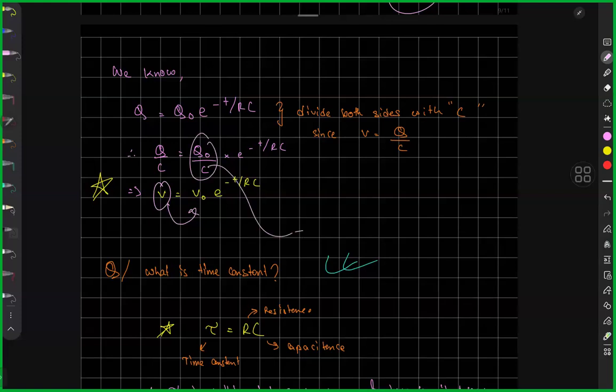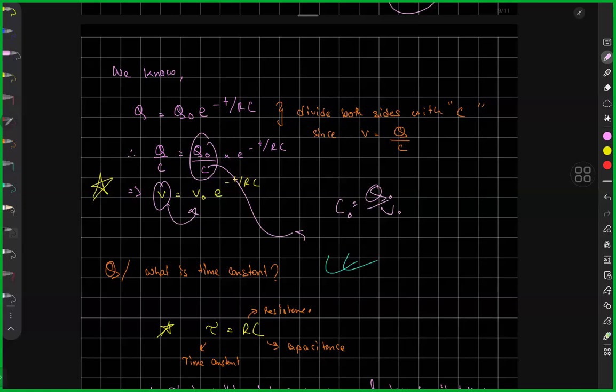Why is this V naught? C is equal to Q by V, right? So when you have maximum voltage, you can hold maximum charge. Why? Because when you increase the voltage, the amount of charge that you can hold is maximum.